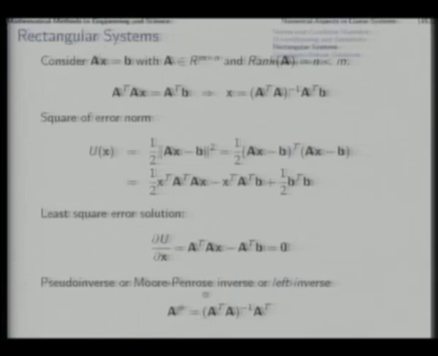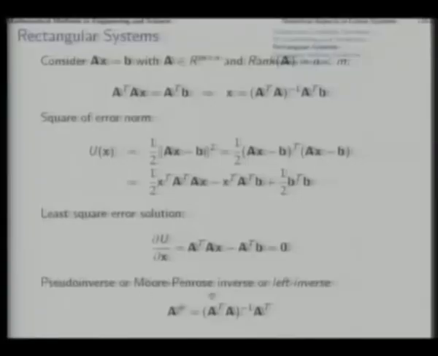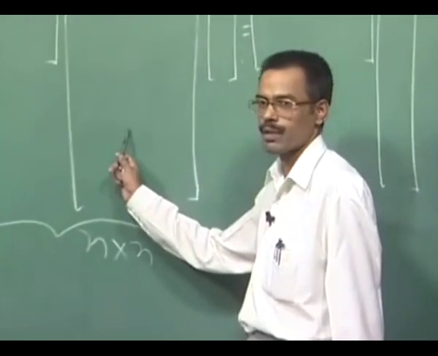It is not rightly an inverse, but it is some sort of an inverse. In this case, it is also called the left inverse, because multiplication of this on the left side of A will give you identity. Now, this is one case in which the shape of the matrix is like this.